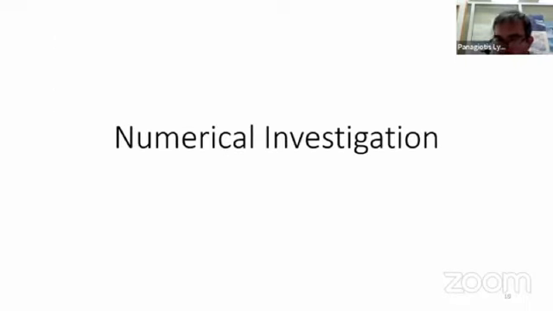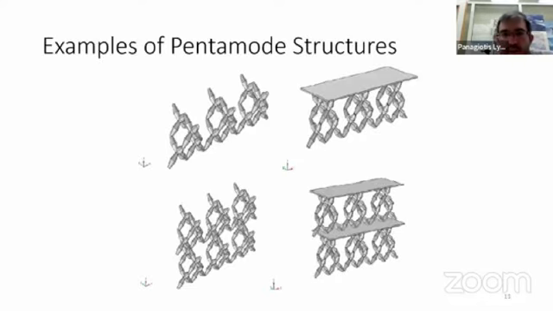So the numerical investigation. Here you see some Pentamode structures that we have used. This is a more artistic approach, as we analyze them through the finite element method using 3D beam elements.